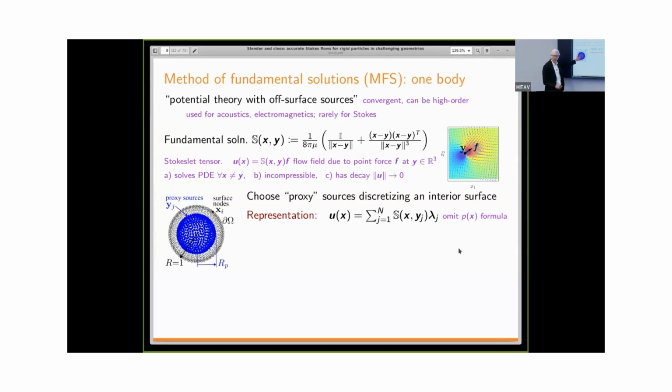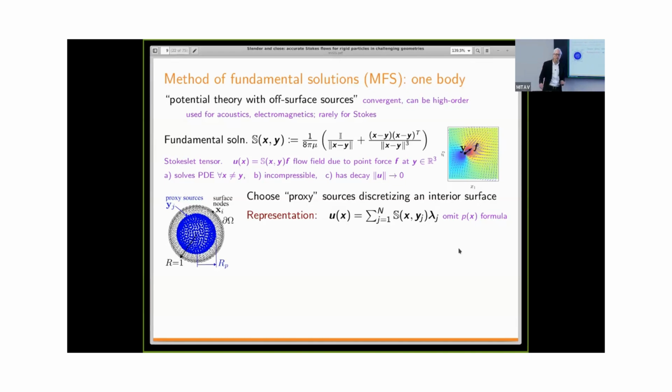They are sources inside the sphere, on a slightly smaller sphere with radius R_P, P for proxy. Any quasi-uniform way of putting points on the sphere works. We use spherical design nodes. Anyway, you make a representation of the flow solution as a sum with unknown strengths of these sources, and that's it.